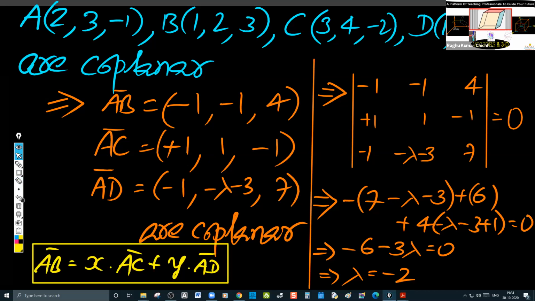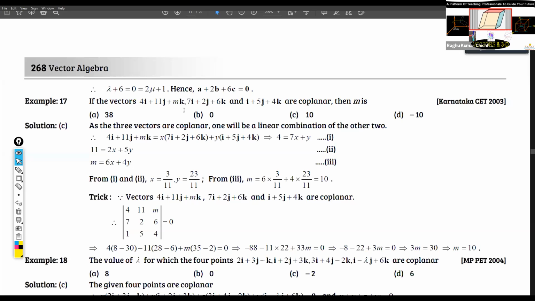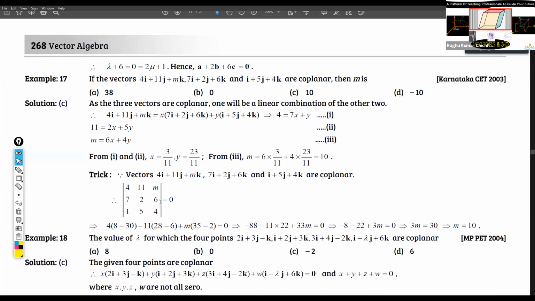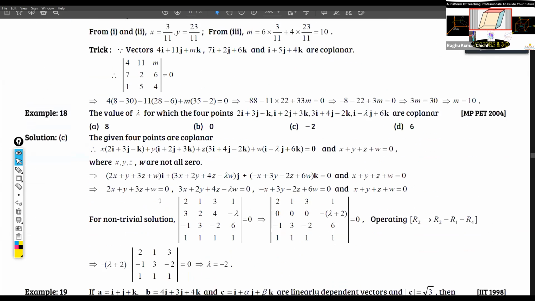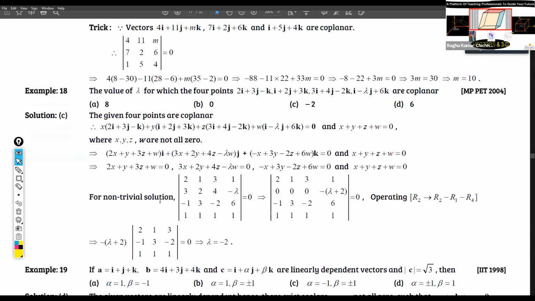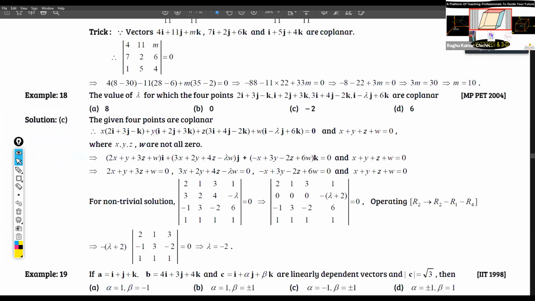That is done. Let us move on to the next question. This is a little different question because you are given the length there.